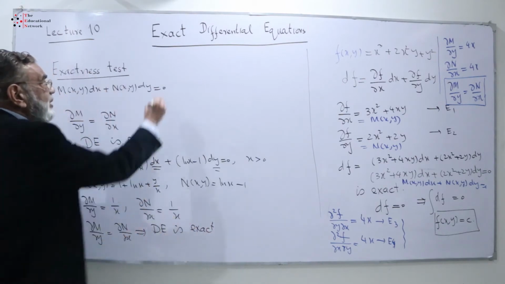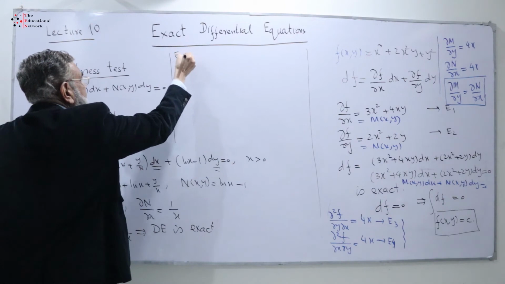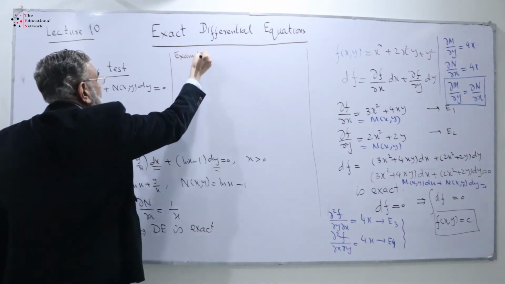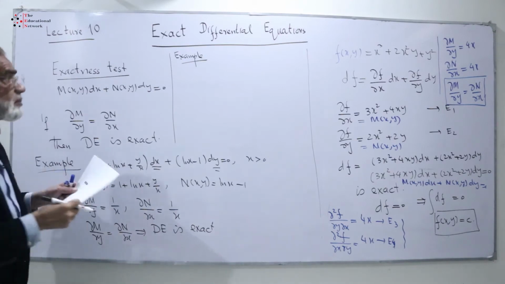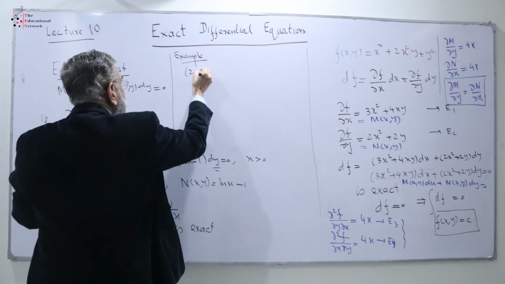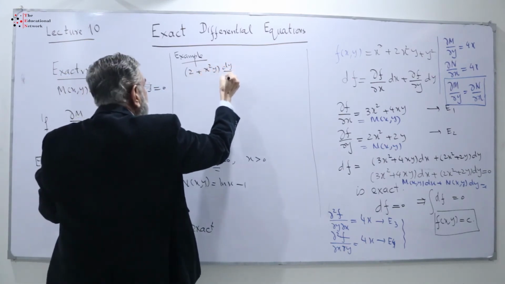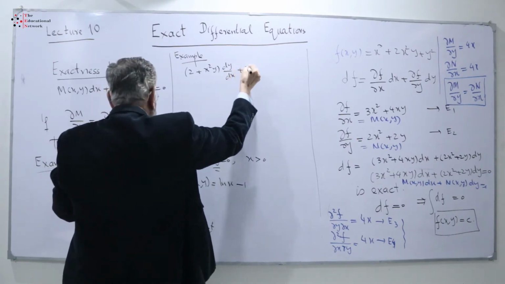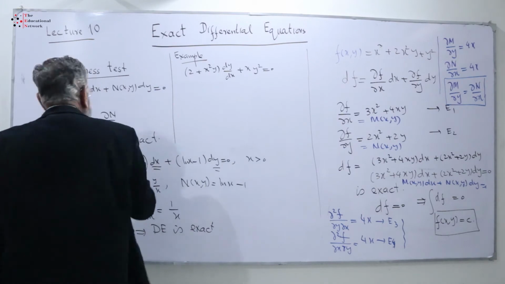We take another example to show how we can see that the differential equation is exact. My example is (2 plus x squared y) dy by dx plus x y squared equal to 0. I write it in differential form, multiplying by dx.